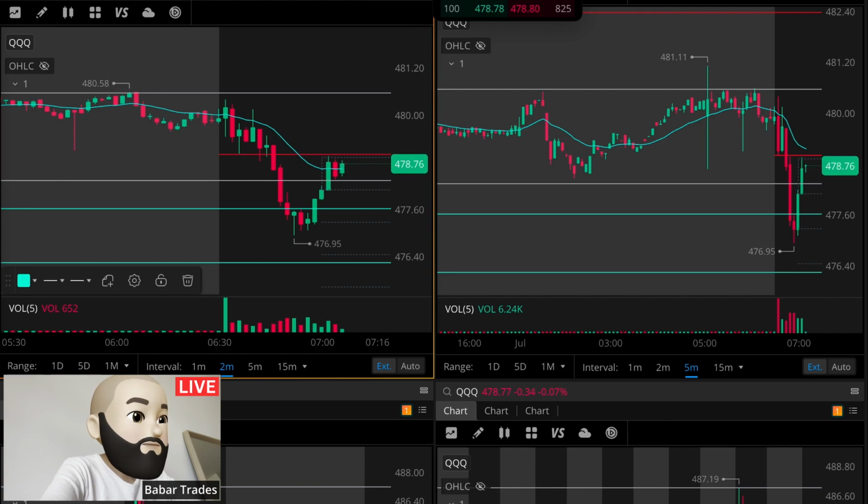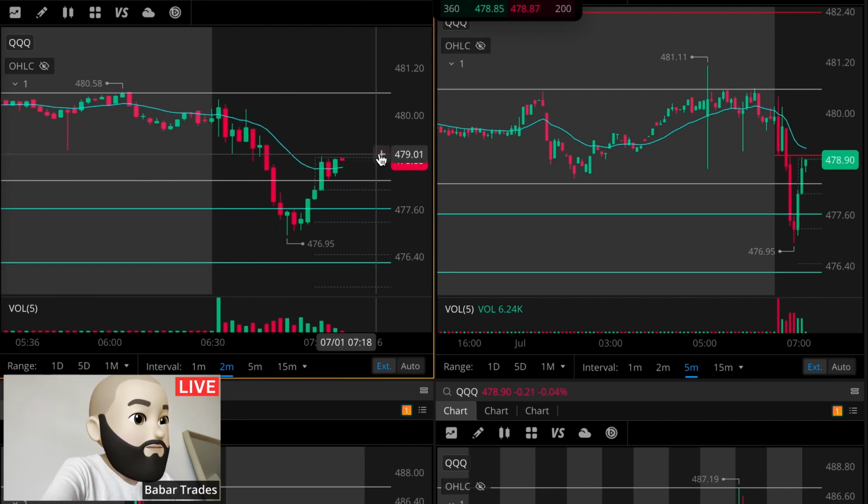We might test this 479 level, which may require an adjustment to my stop area. Yeah, I'm going to move my stop loss to 479 just to give it some room.